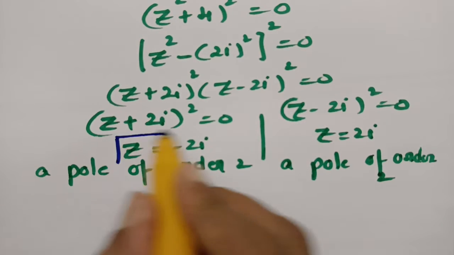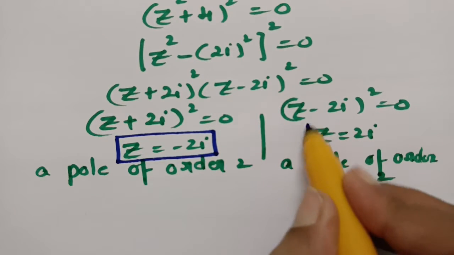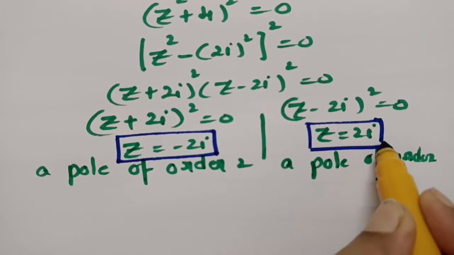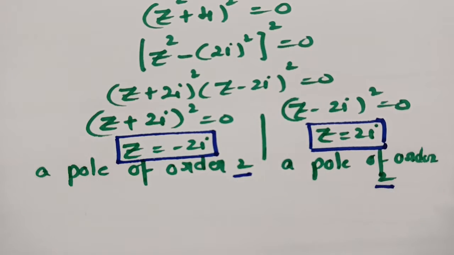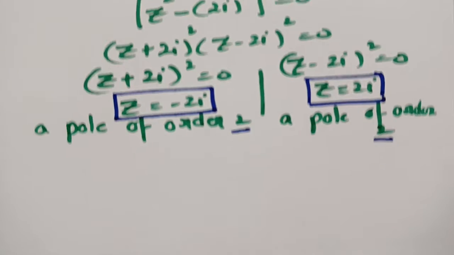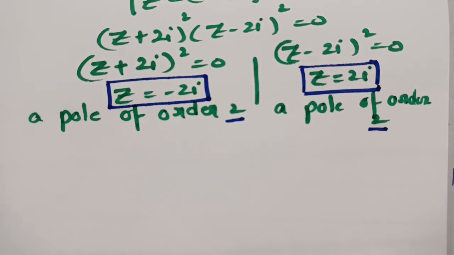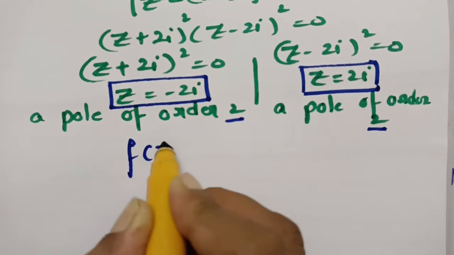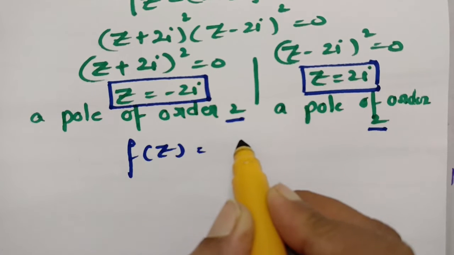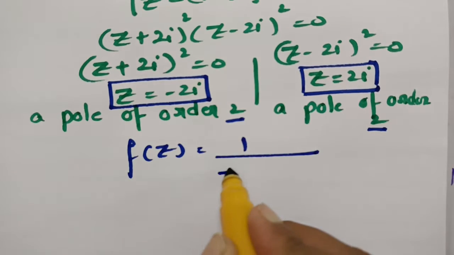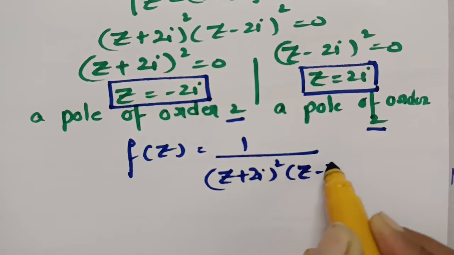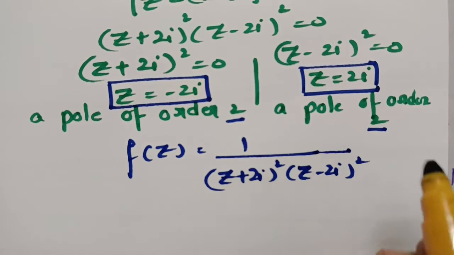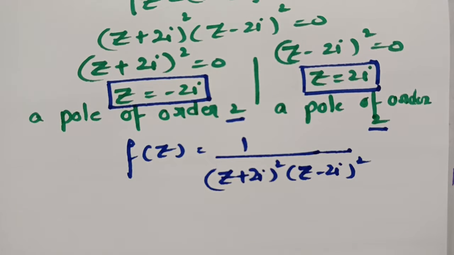The first one is z equal to minus 2i, and the second is z equal to plus 2i, both of order 2. Clearly, f(z) can now be written as 1 by (z plus 2i) whole square into (z minus 2i) whole square. So this is our f(z) value.